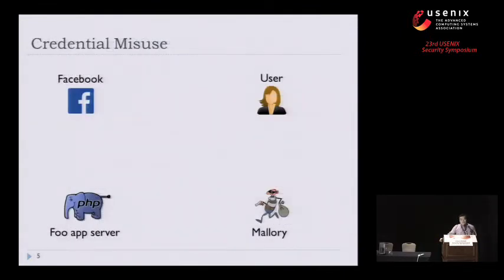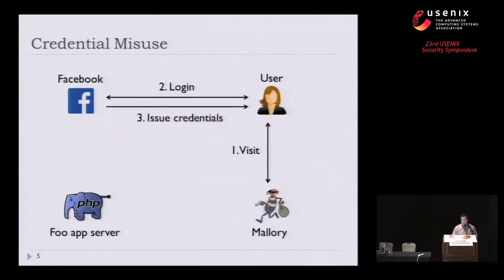In this case, the Foo application on the lower left corner is the vulnerable party, and the attacker, Malware, is the malicious party. Let's say that Malware successfully lures the user Alice to visit his or her site, and then asks Alice to log in through Facebook. Let's say Alice does just that, so she follows the similar workflow, and then she forwards the OAuth credentials to Malware.